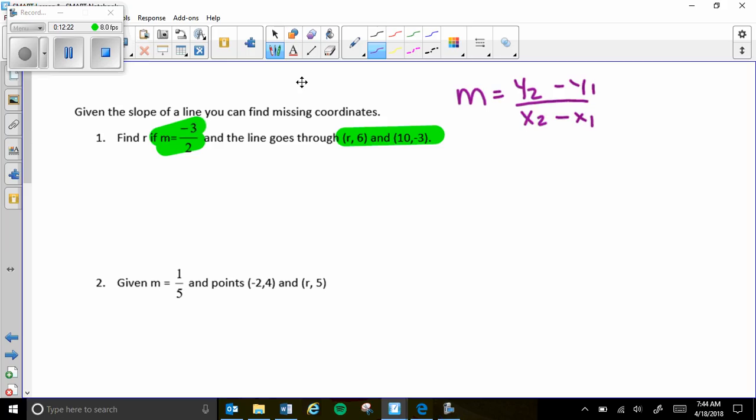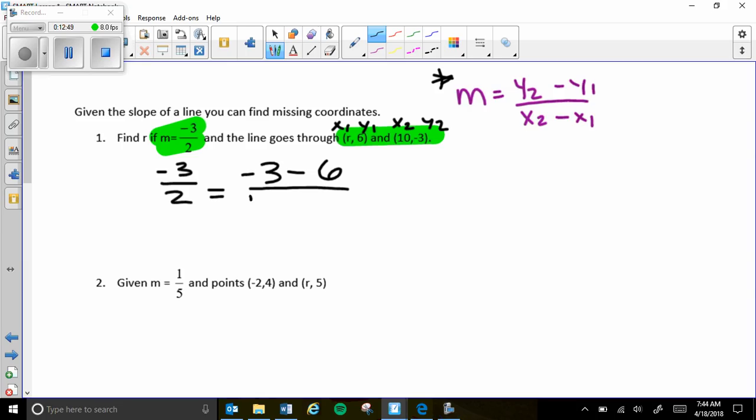I'm just plugging in the values that they gave me into this equation right here. So first of all, they tell me m is -3/2, so that's where I'm going to start. Then I'm going to label these points and plug them into my equation. So y2 is -3 minus, always minus, y1 is 6 over x2 is 10 minus r.